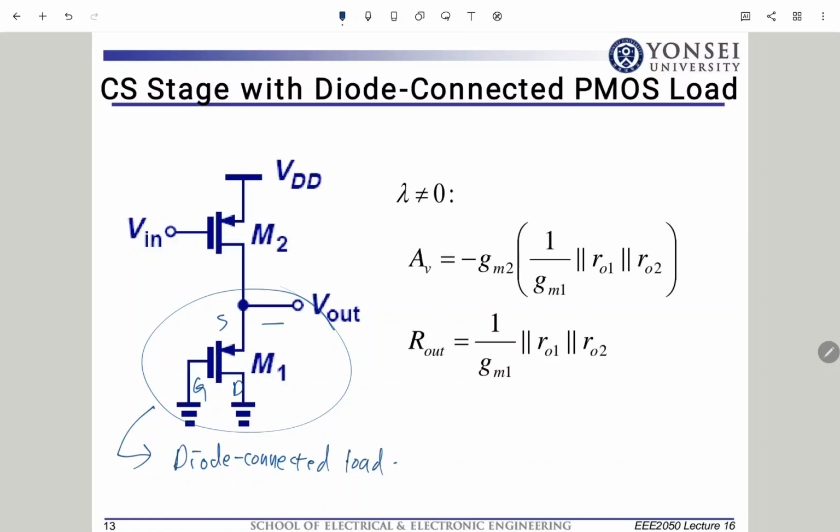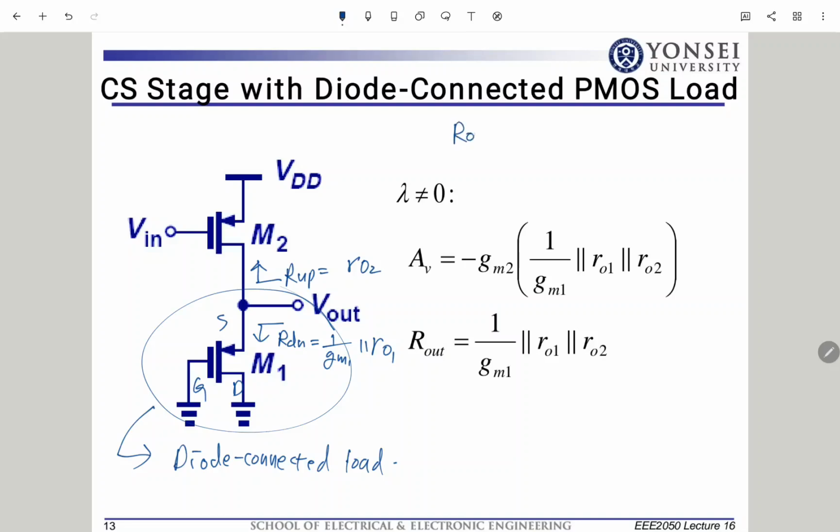Then what is R down? R down is equal to 1 over gm1 in parallel with ro1. What is R up? R up is the impedance seen from the drain side, which is ro2.